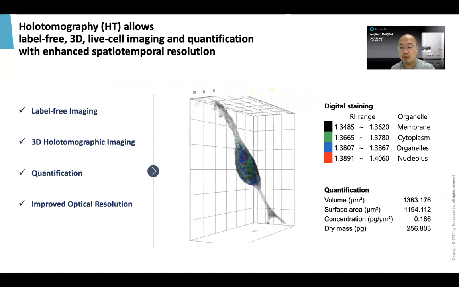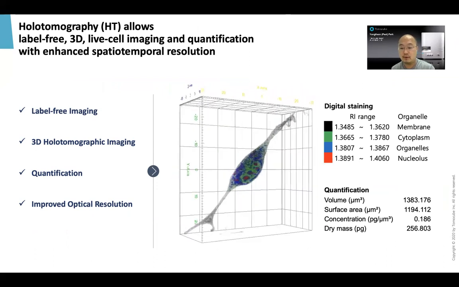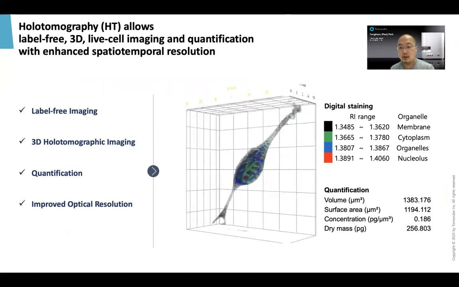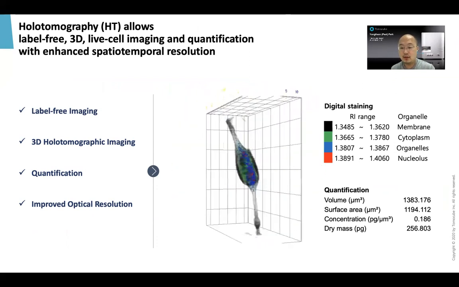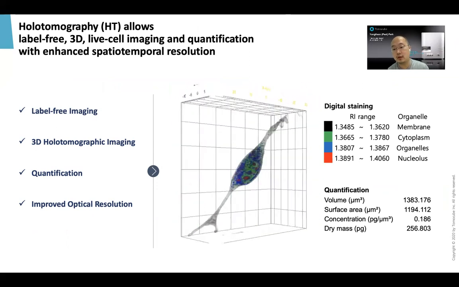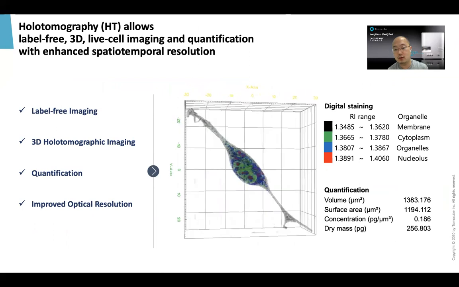For example, you can retrieve the total volume and surface area of the cell membrane, and you can also interpret the refractive index as a protein concentration. So you can also calculate the protein concentration as well as dry mass.